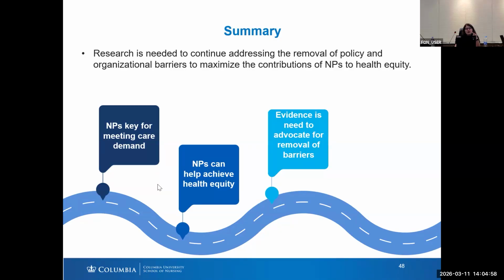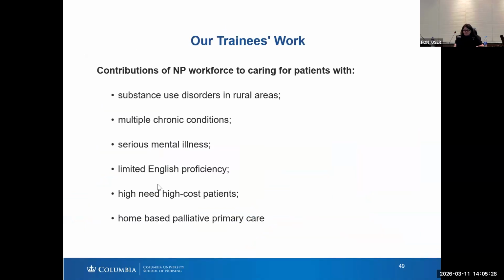I spoke to you about federal level barriers, state level barriers, and organizational level barriers that NPs are facing. But one of the big things that I'm very excited about is training the next generation of nurse scientists, because it's really important to have very strong nurse researchers to continue producing evidence to help grow the workforce and help patients get access to high quality care.